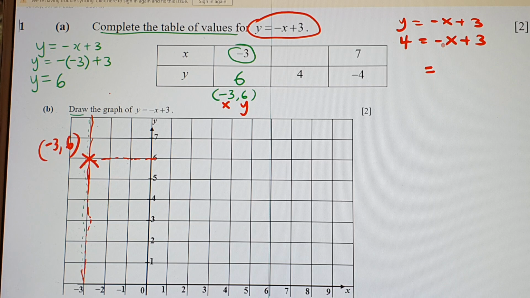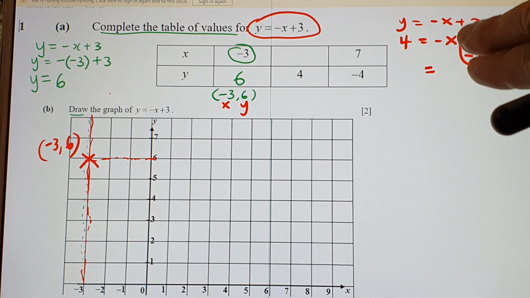Okay, what you need to do is this. I want to find the x value, right? So minus x. Wait, I want x to be alone on one side, okay? I don't want it to be here. So how do I do it? I must remove this. I minus 3 so that this 3 minus 3 no more number here already. Okay?